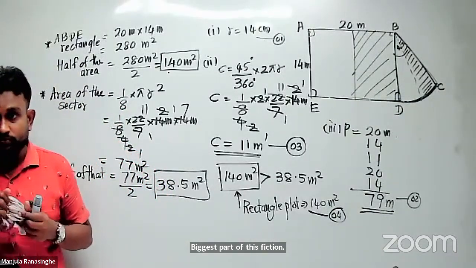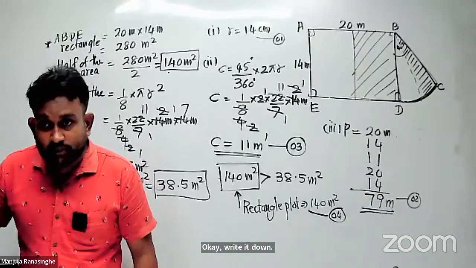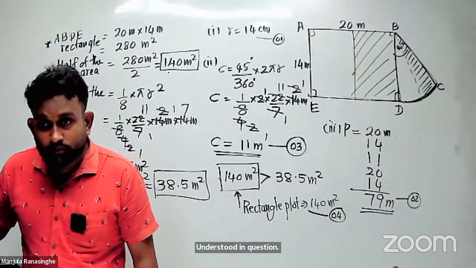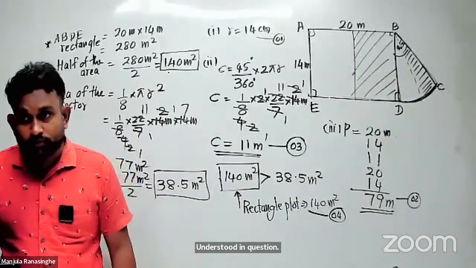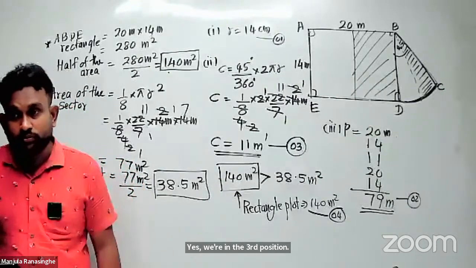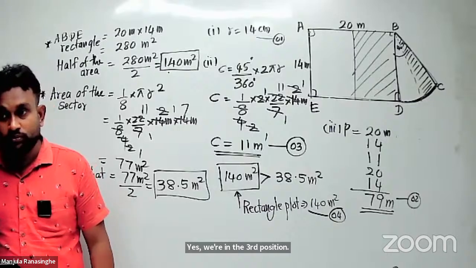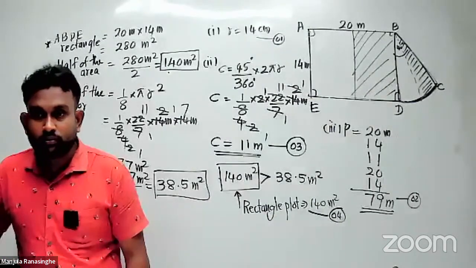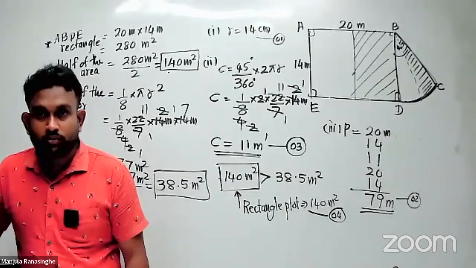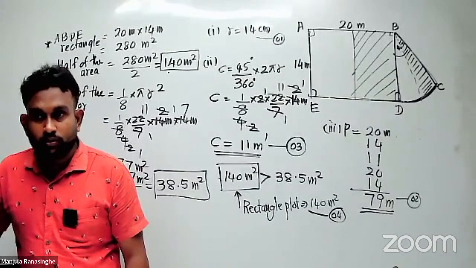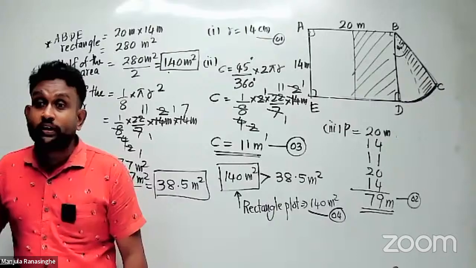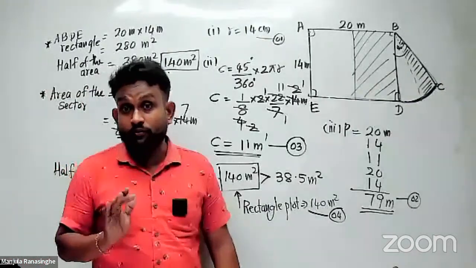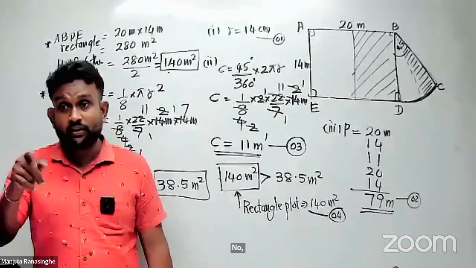Understood? Any question? Yes, in the third question. No, 4/9 is not for the food. That's the remaining.